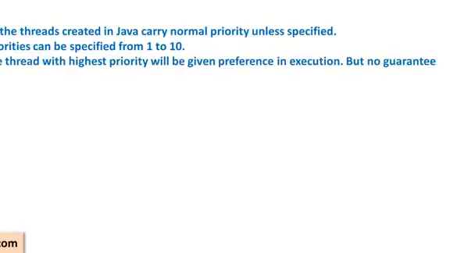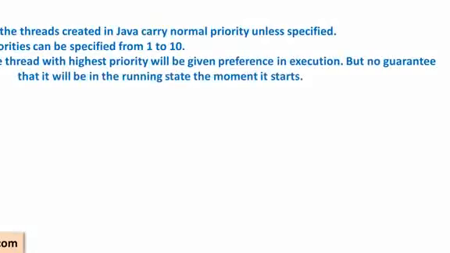Remember that the thread with the highest priority will be given preference in the execution, but there will be no guarantee that it will be in running state at the moment it starts. So you cannot guarantee its state. It can even be in runnable state, or in wait or blocked status, whatever it may be.